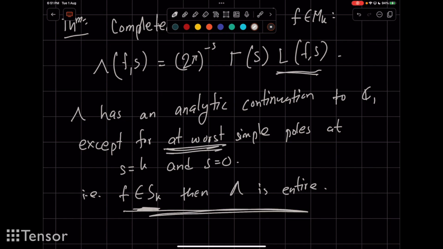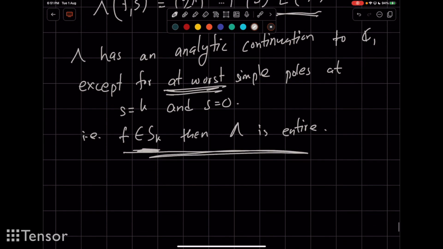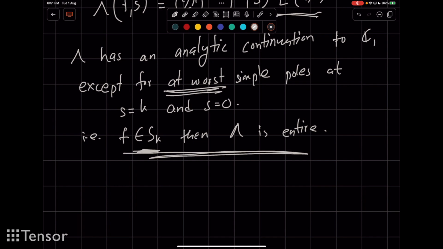Furthermore, there is another very interesting result. If a_0 is non-zero, well, it doesn't have to be like this, we can compute the residue all the time. So the residue of lambda at s equals 0 is precisely negative a_0. So not only does it not forget, it remembers it very well.